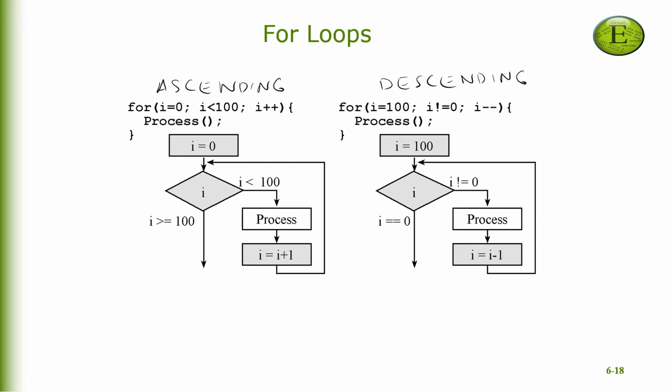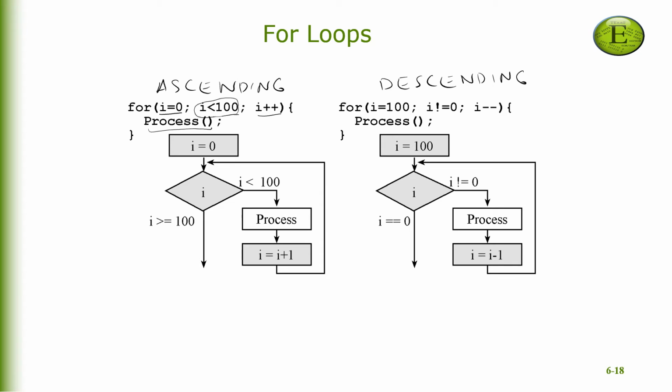In the ascending for loop, we have a loop variable as used in the high-level language, such as I, initialized with 0, and we increment I. And in each iteration, we execute the body of the for loop that implements some function such as process. And the loop will run 100 iterations. That is when I exceeds 99 and becomes equal to 100, and this condition becomes false.